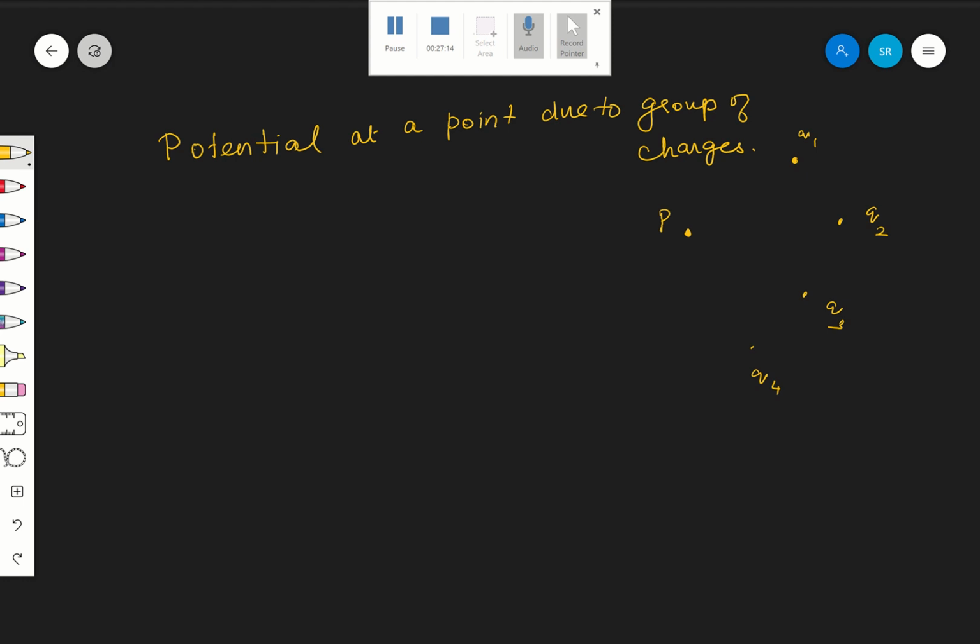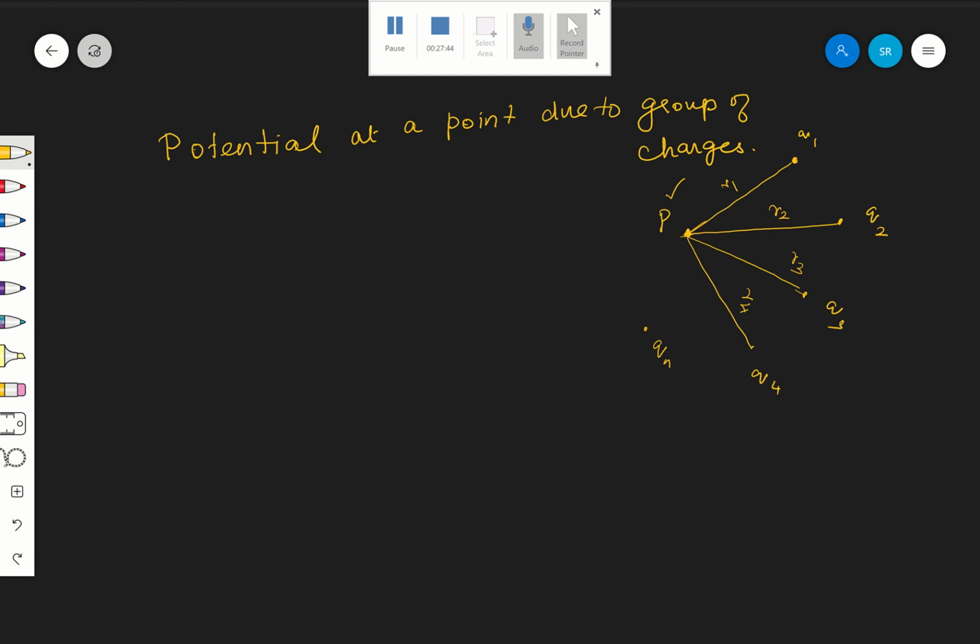I am interested in finding out the potential at P. From the charge Q1, the distance is R1. The point is at a distance of R2 from Q2, R3 from Q3, and R4 from Q4, like that up to Qn.